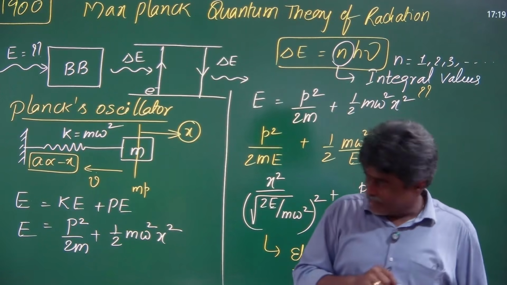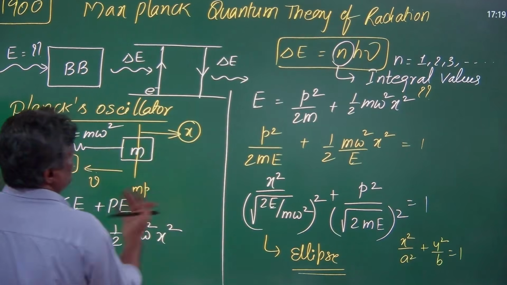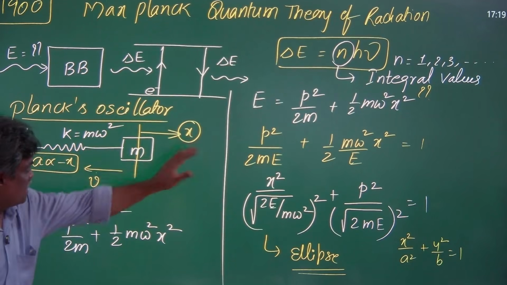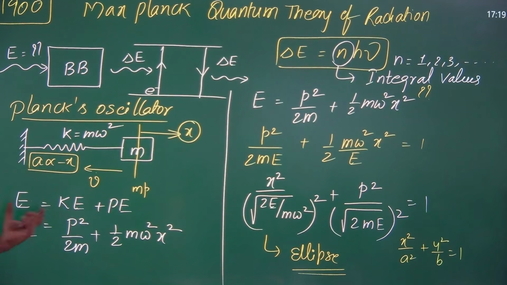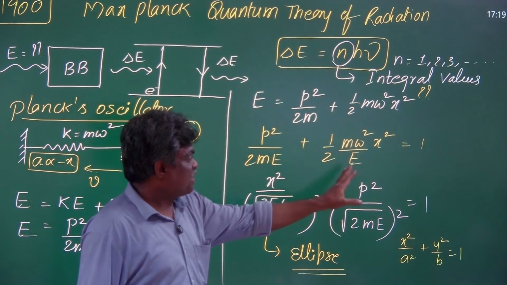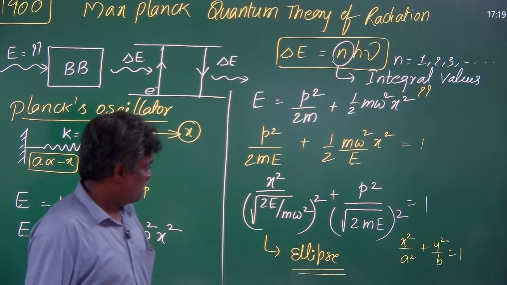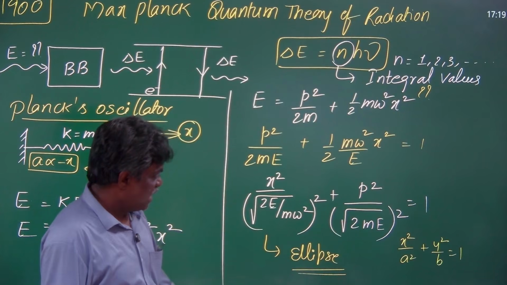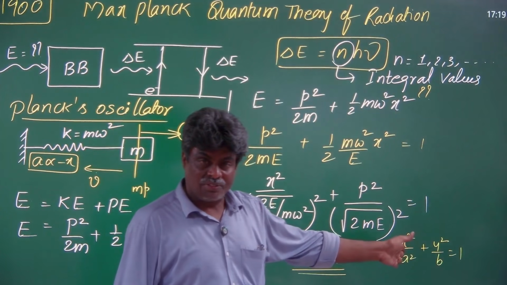So we started with the oscillator: displacement, velocity, acceleration, and the total energy expression. I divided the entire equation by E, got 1, wrote the root whole square, and finally got an ellipse equation.